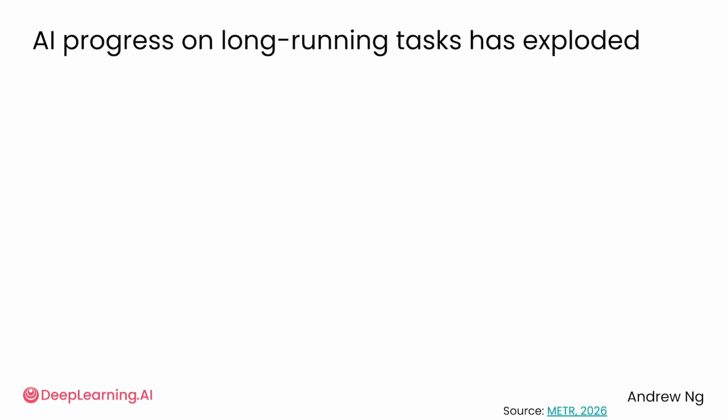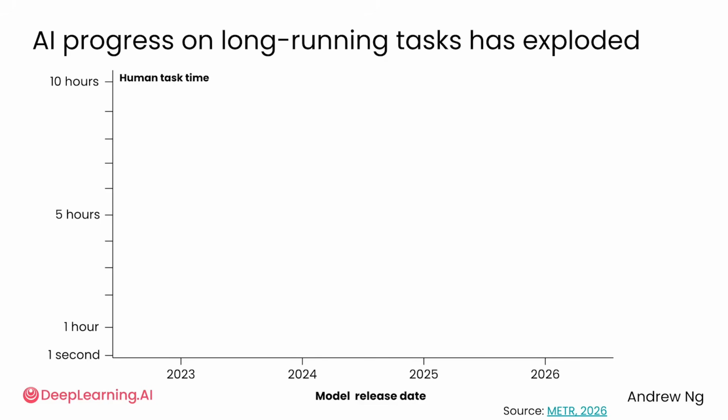As AI models get better, their ability to carry out long-running tasks has grown rapidly. This is a study by an organization, Meter, which plots for tasks at different levels of difficulty as measured by how long it will take a human to do the task, that's the vertical axis. How well can AI do these tasks?